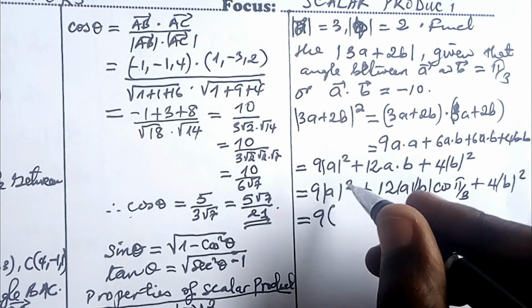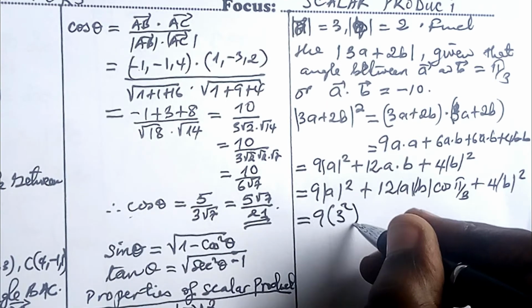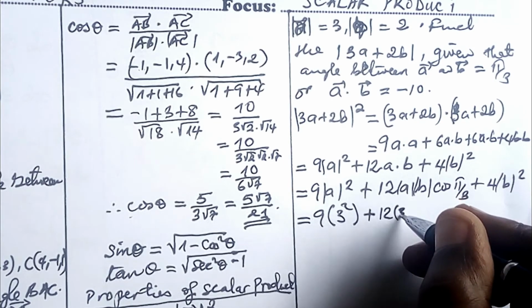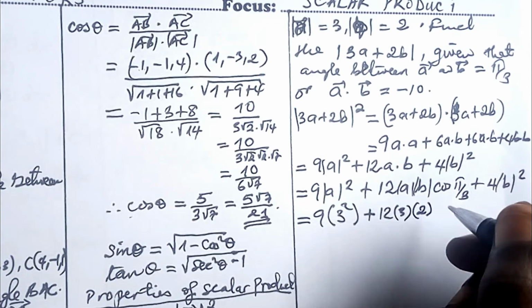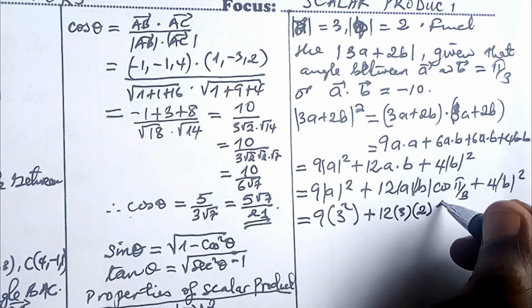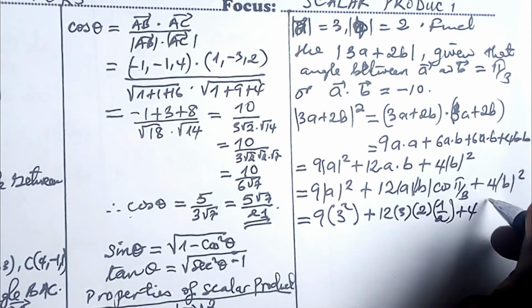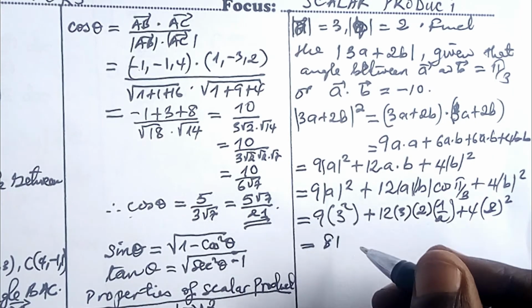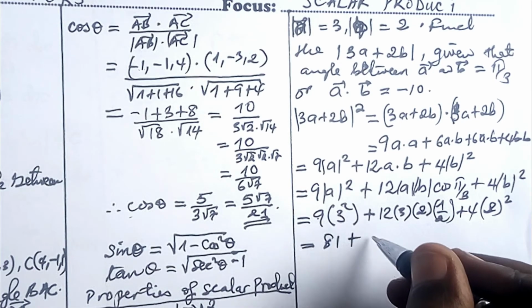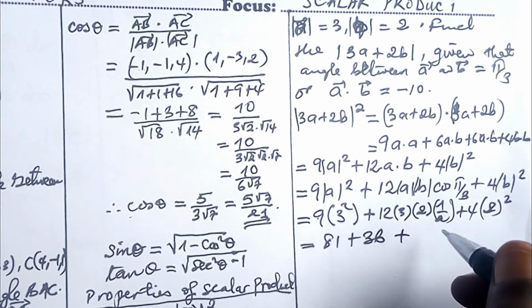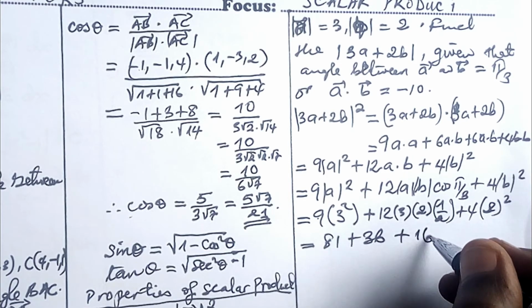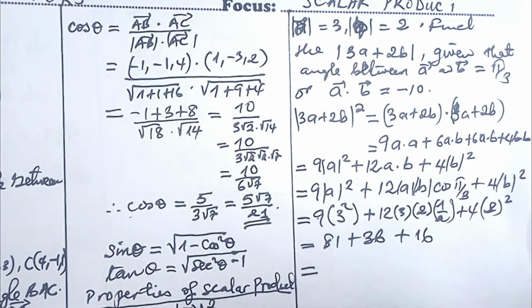I would get 9 times 3 squared, plus 12 times the magnitude of a, which is 3, times the magnitude of b, which is 2, times cos pi on 3, cos 60, which is half, plus 4 times the magnitude of b squared, b magnitude being 2, so 2 squared. 9 times 9 gives 81, 2 cancels 2, and we have plus 36, plus 4 times 4, which is 16.